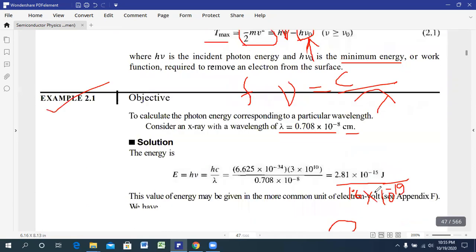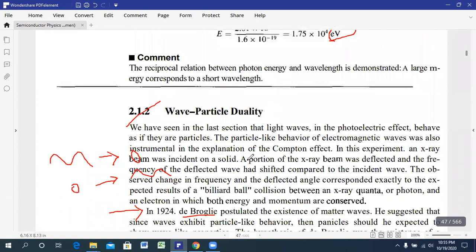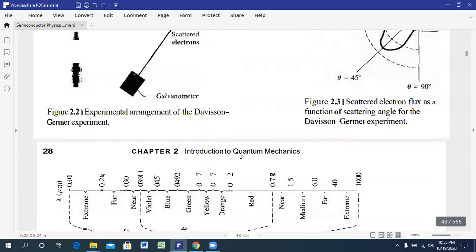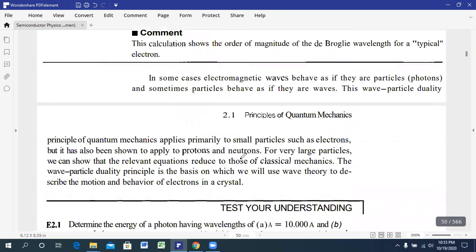The second one was wave-particle duality. In this case, the momentum is p equals h divided by lambda, as described by de Broglie. The third one was the uncertainty principle, which has two postulates.